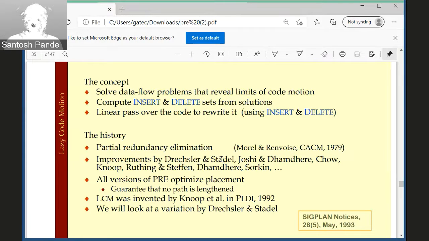And from there, the idea is to really get to the earliest point, try doing that coverage.